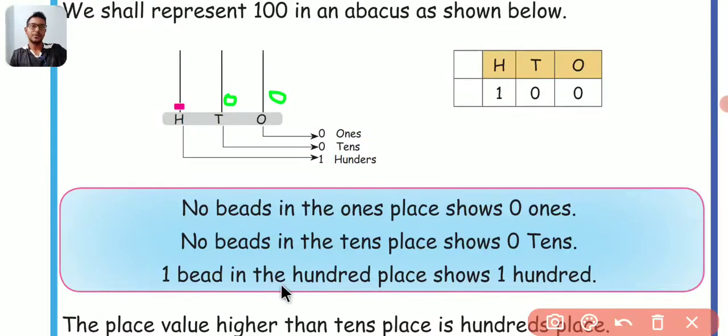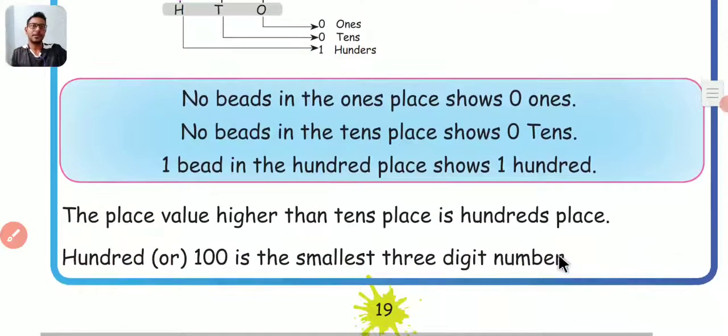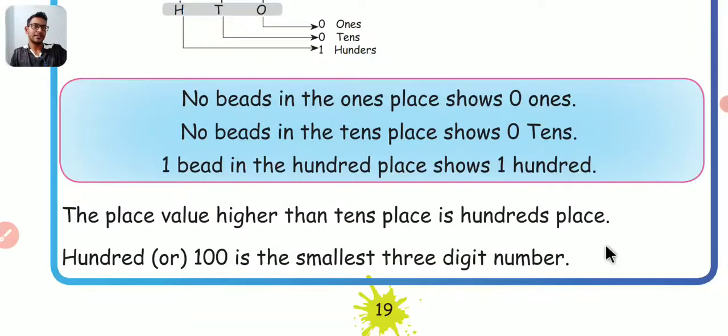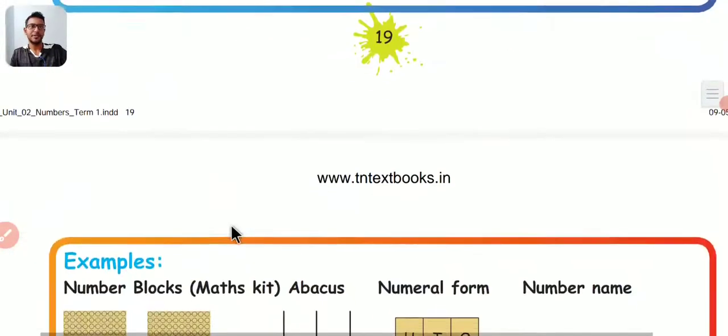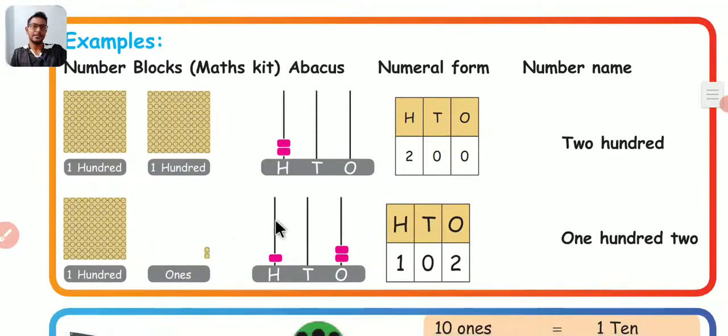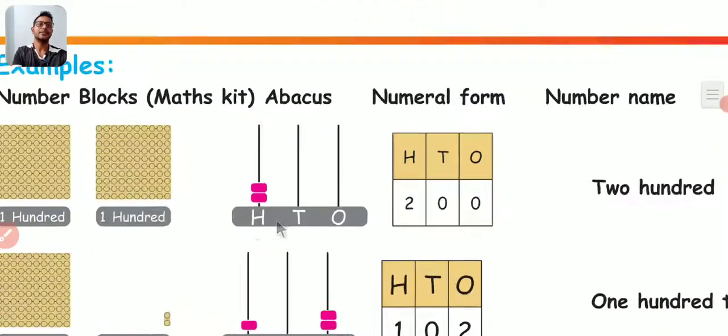One bead in the hundreds place shows 100. The place value higher than the tens place is the hundreds place. 100 is the smallest 3-digit number. We already know 100 is the smallest 3-digit number.